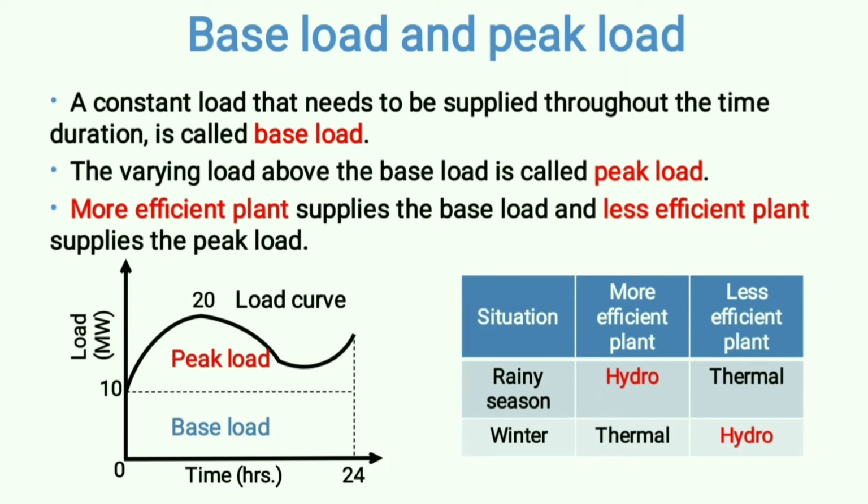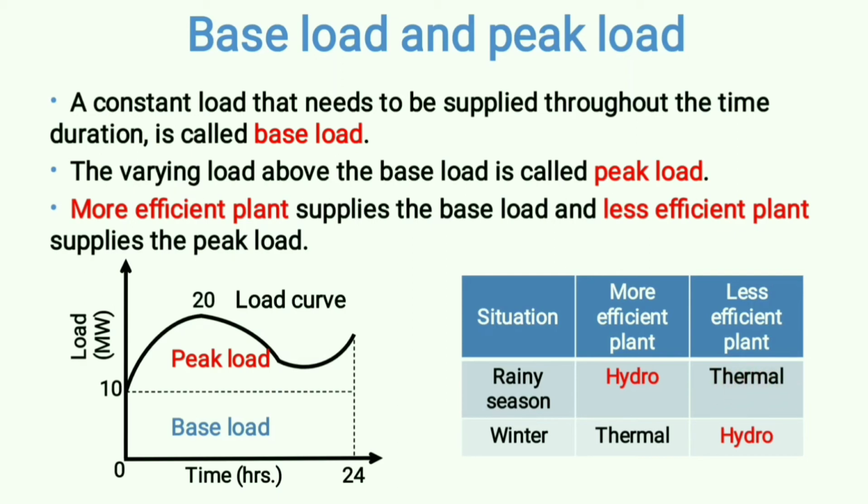So definitely you will rely more on the hydro power plant, and you will supply the base load, which is constant throughout the time period, using this more efficient plant. The less efficient plant means thermal. So thermal will supply the peak load, because peak load is always varying in nature. Sometimes it is very high, sometimes it is very low. It is continuously changing, so that you can take care of by the thermal power plant.